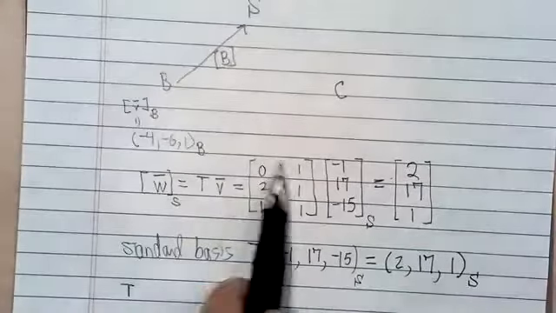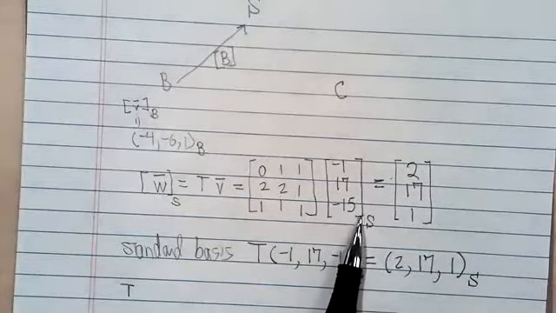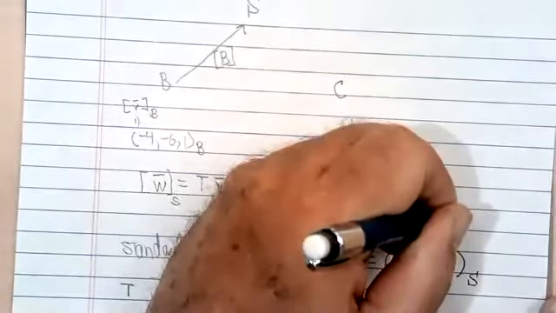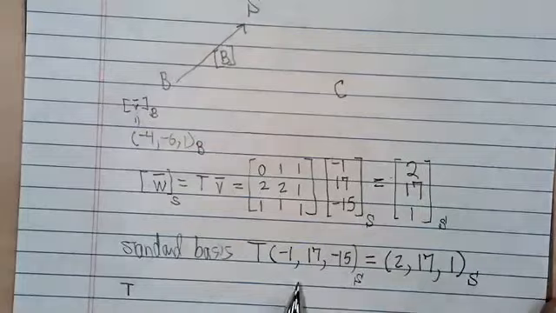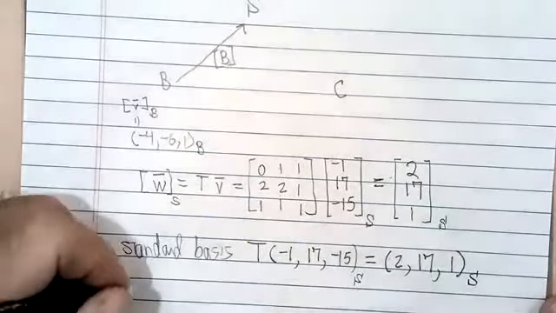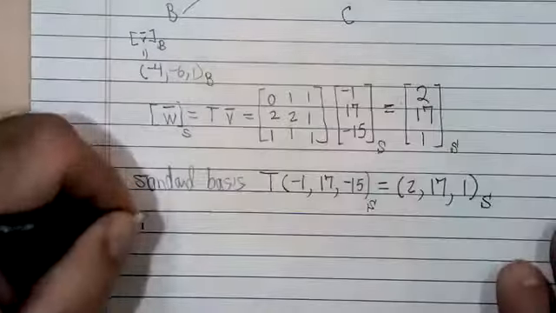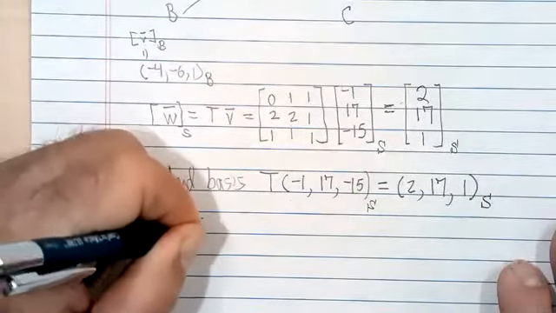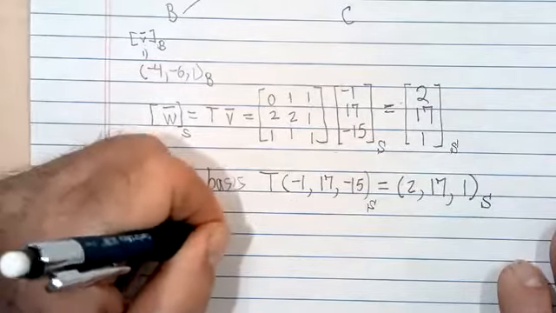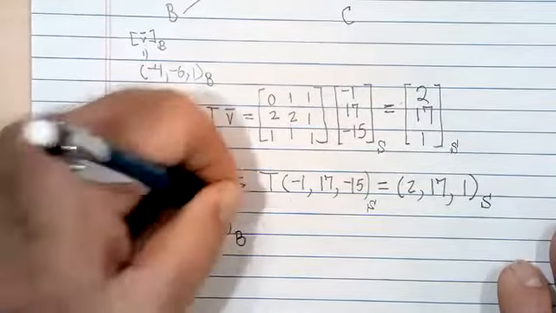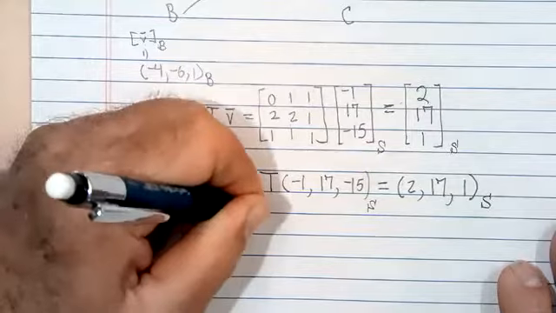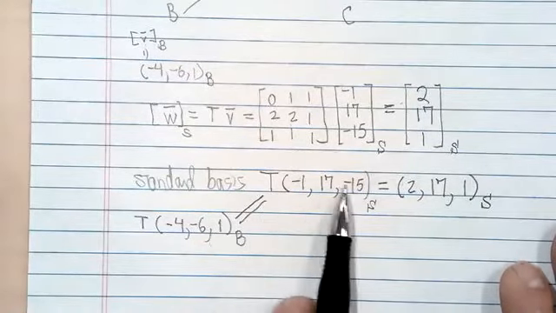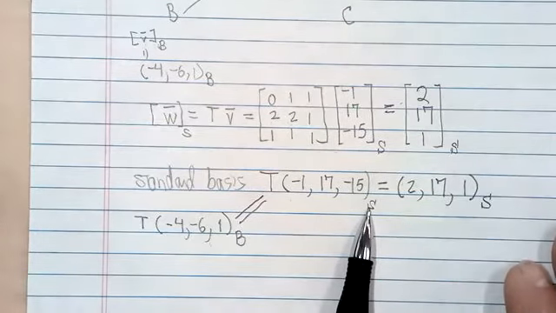And this matrix was set up so that it worked for working in the standard basis. So that tells me that if I want to compute T of minus 4, minus 6, 1 relative to basis B, it is exactly the same as computing T of minus 1, 17, minus 15 in the standard basis.